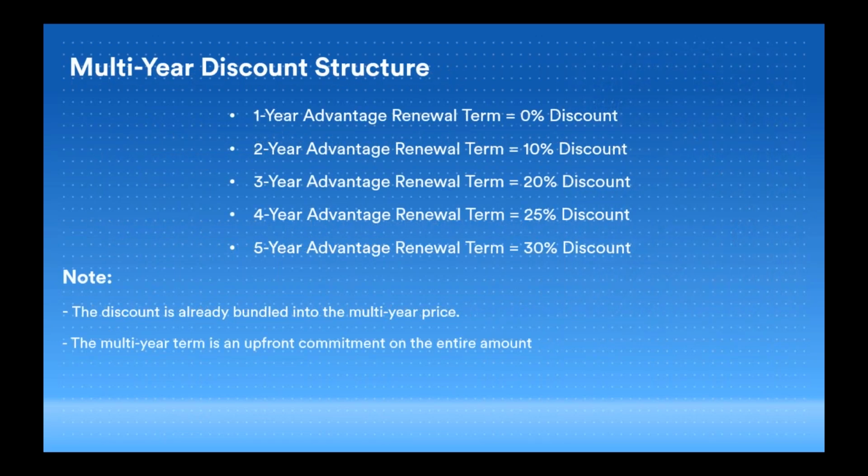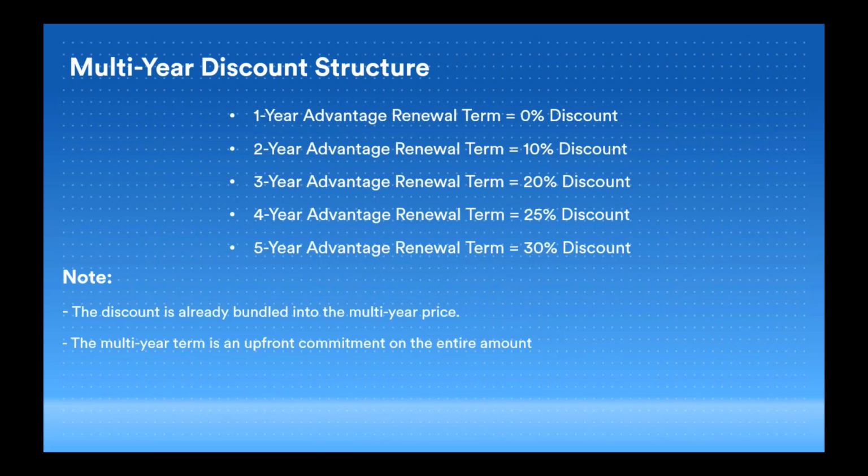For those customers looking to purchase more than 1 year at a time of the Advantage contract, there is an advantage, there is a benefit, I should say, for that. There is a multi-year discount structure in place. So for the first year, if you're just looking to renew for 1 year, the partner discount is what applies for that quote.